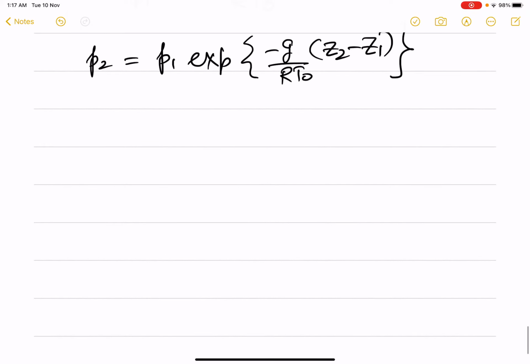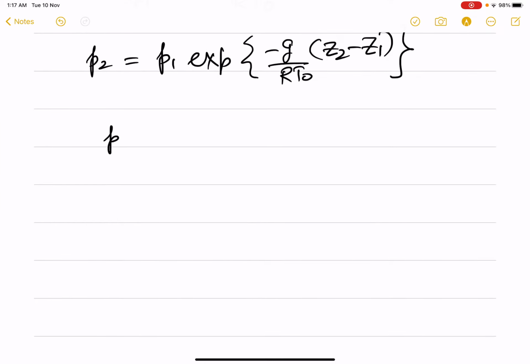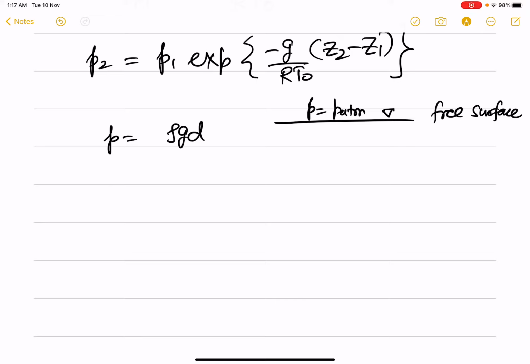Now let us look at the simple case where we got P is equal to rho g d. So for example, let's say this is what we call the free surface where pressure is equal to P atmosphere.